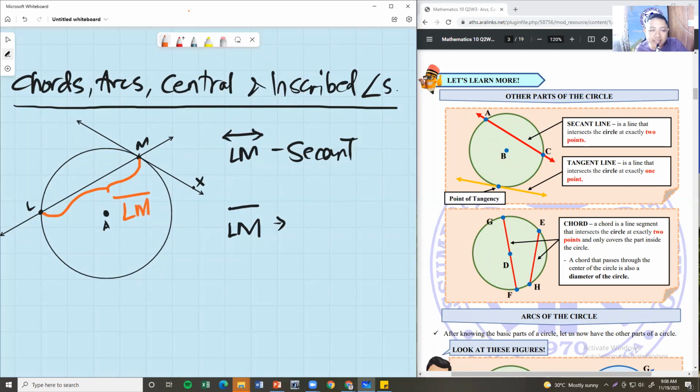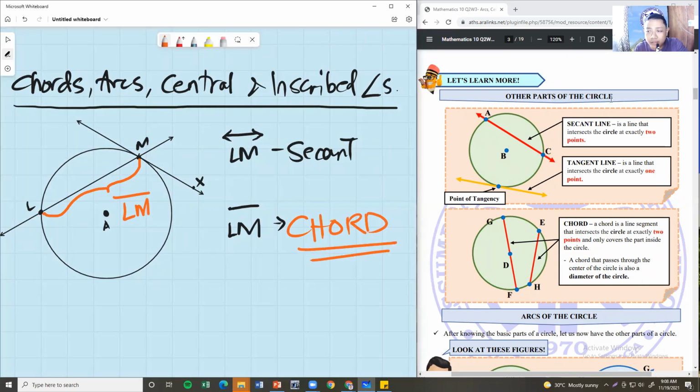What do you call line segment LM now? Type it in the chat box. Okay, 5 of your classmates are now sending the same answer. Your answer is correct. Line segment LM is what we call the chord.